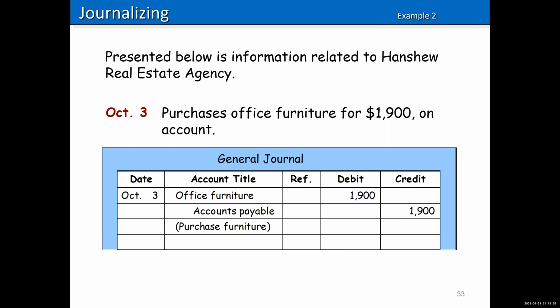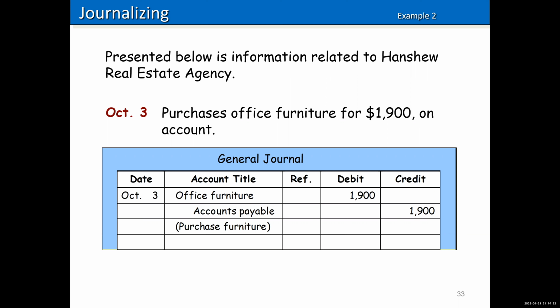Because we are buying the furniture and we owe it, it's going to be accounts payable, and we are increasing our accounts payable. Accounts payable is a liability, and we increase a liability with a credit. So here we go. Make sure you indent a half inch. Accounts payable, credit $1,900.